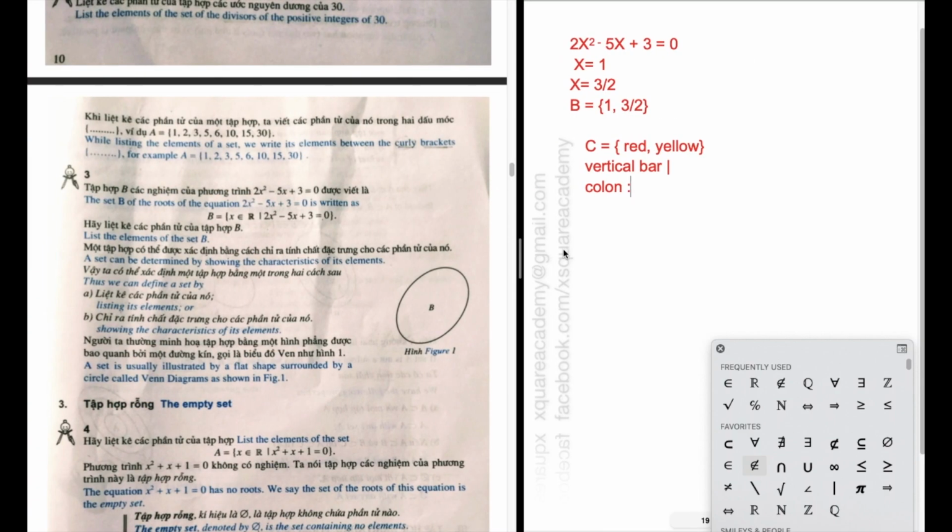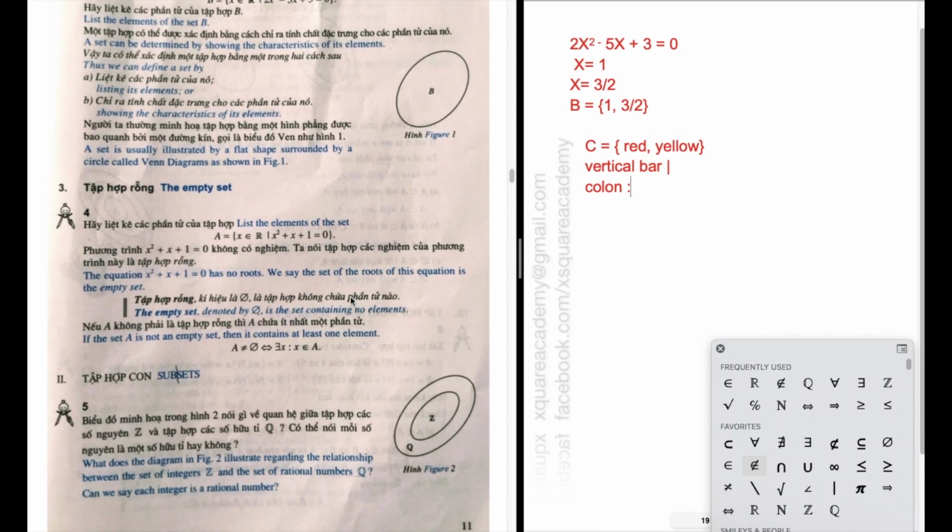Now, come back to our lessons. The first part is about empty sets. Exercise: list the elements of the sets.